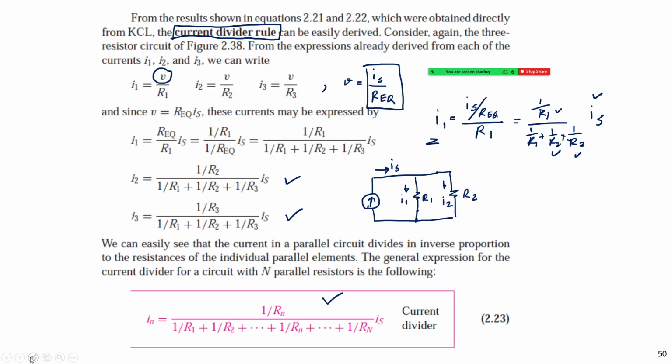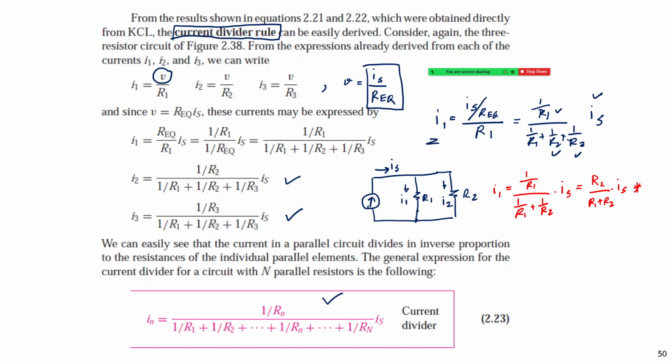The formula becomes, if you would like to compute I1, I1 would be equal to 1 by R1 over 1 by R1 plus 1 by R2 into Is, and it is R2 divided by R1 plus R2 into Is.